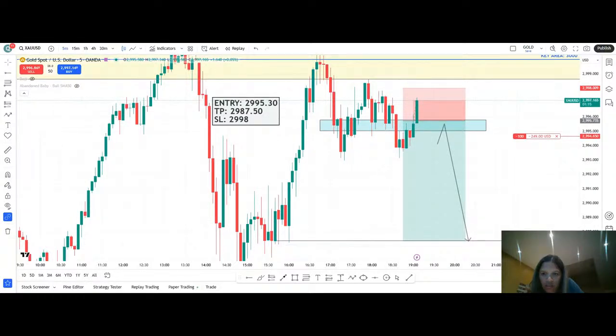Let's see. 2 more minutes on that candle. It's a strong bullish move there. Oh, I'm about to close. I just want to check something here on the 15.